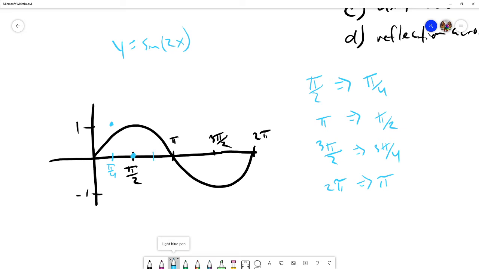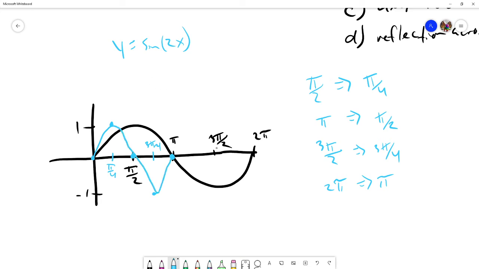And then down here we have 3 pi over 4. That's going to be down here at 0. So we're now saying that when we get to pi over 4, it's like we're already hitting the value at sine of pi over 2. That's because we're thinking pi over 4 has to be multiplied by 2. So that's what is going on.